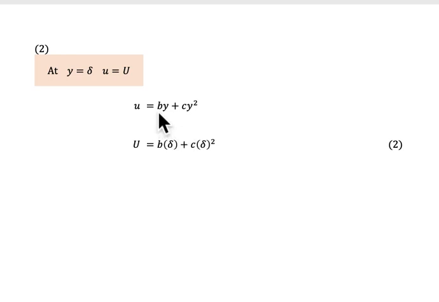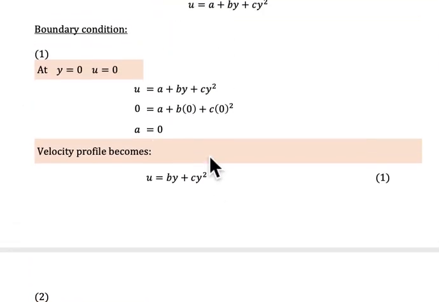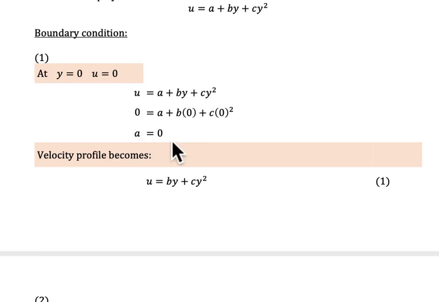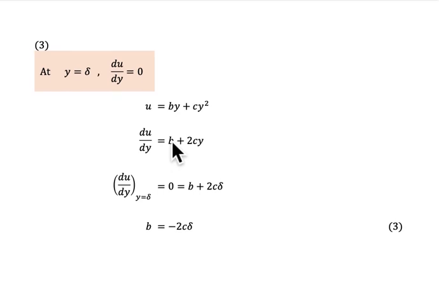At this point, it is okay for us not to write the value of A, because the value of A here is equal to 0. Then for the third equation, we use the condition at point number 3.